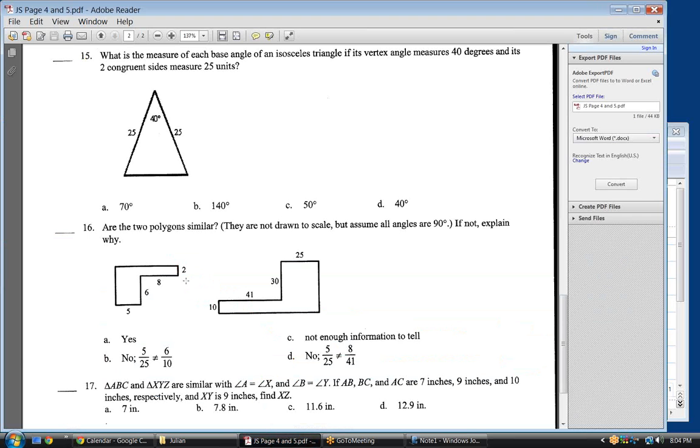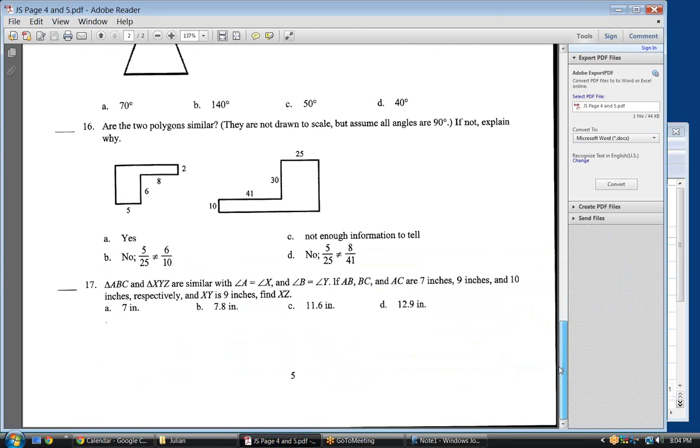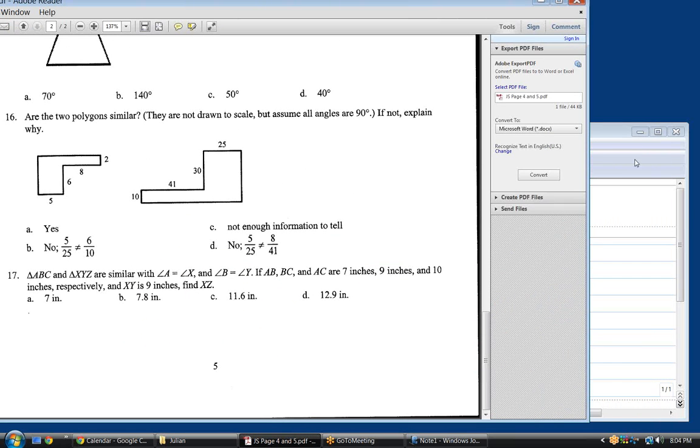All right. Let's look at 16. Are those two polygons similar? Study them. So you gotta put in the ratios, right?